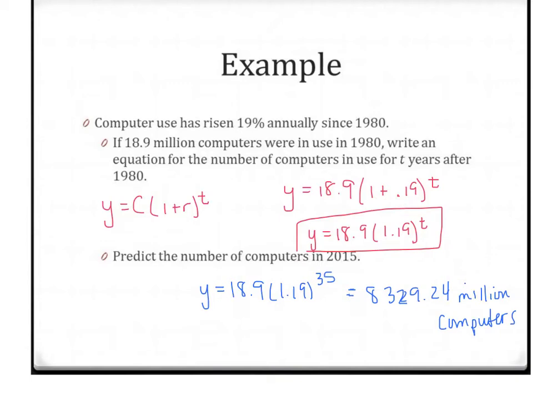So we would get 832,924,147 computers. There would be 1,000 million. So there's our 8,329 million computers, and that's the whole number out there.